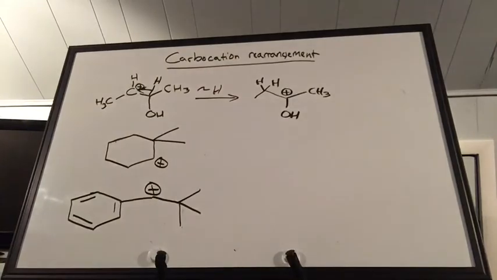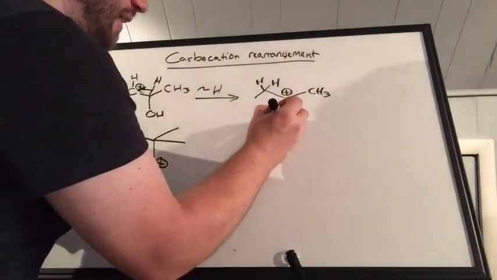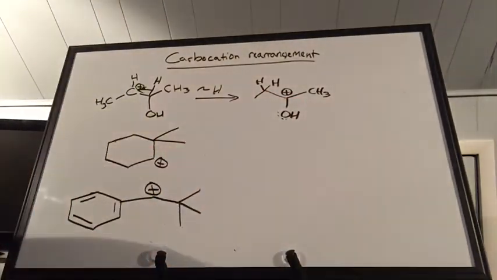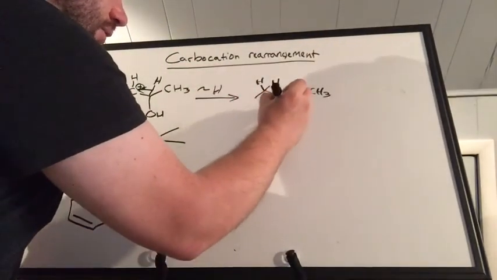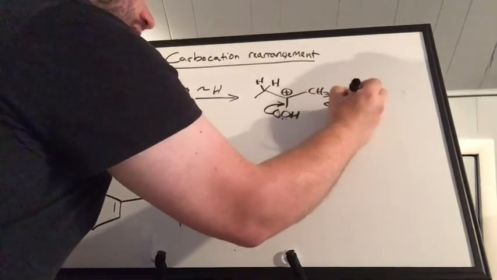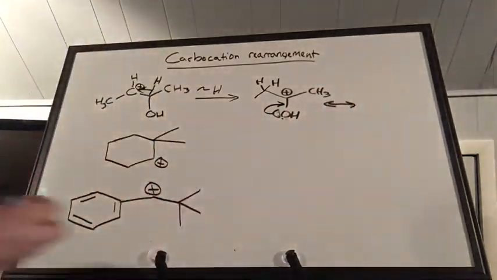It's going to be further stabilized by resonance, right? Because we have that lone pair about that oxygen of that alcohol group, and that can kind of shift back and forth and be a resonance contributor.